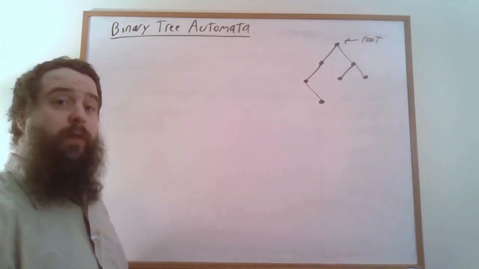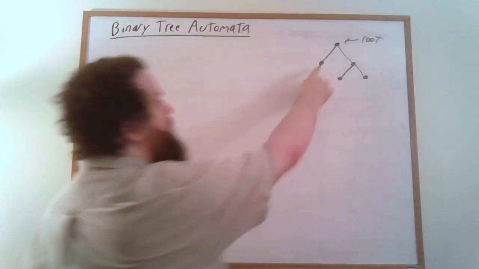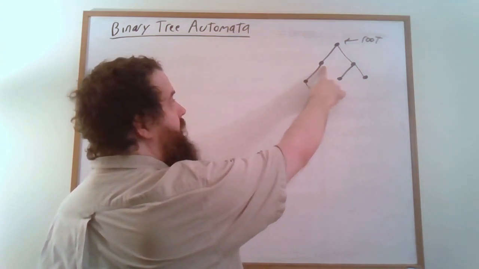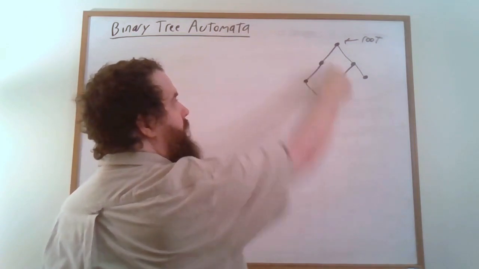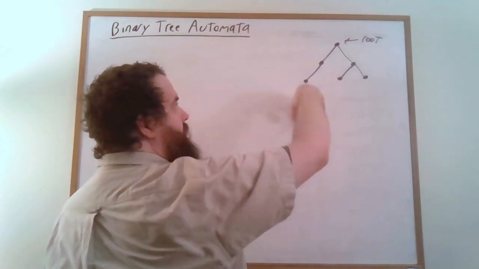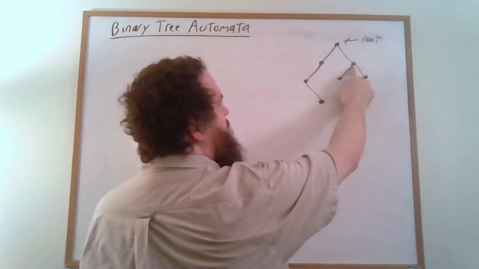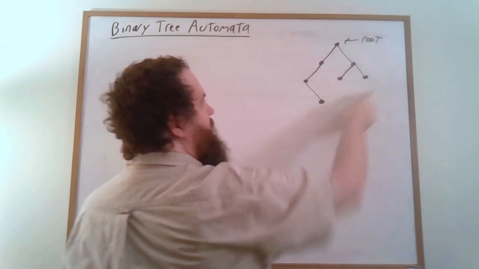For each node, we can talk about the subtree corresponding to that node. So for instance, for this node here, the subtree corresponding to this node is going to be the set of all points below it. And that's going to be a subtree of the original tree. And for instance, the subtree corresponding to this node here is just these 3 points here.